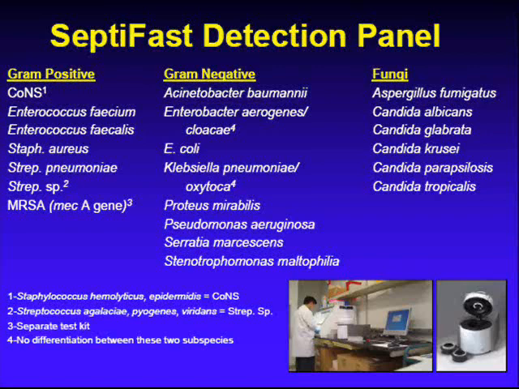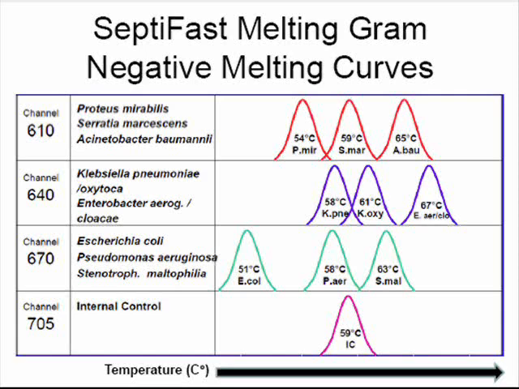These pathogens represent the top organisms causing bloodstream infections in the United States and potentially the world. How does one target organisms that are very closely related to each other? For example, Klebsiella pneumoniae or oxytoca. They're both from the same genus, but only different at the species level. We can see this in the next slide.